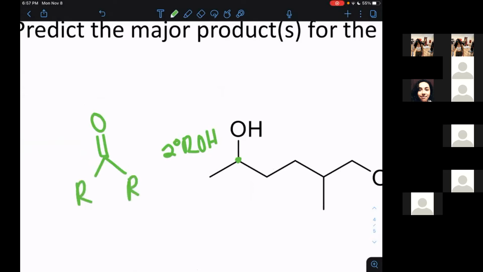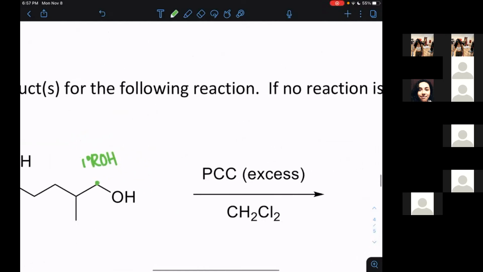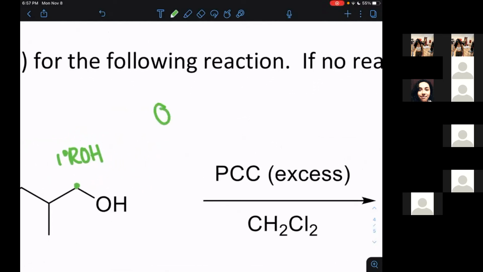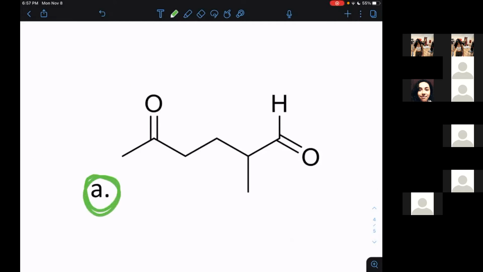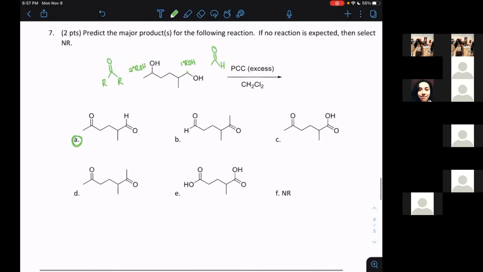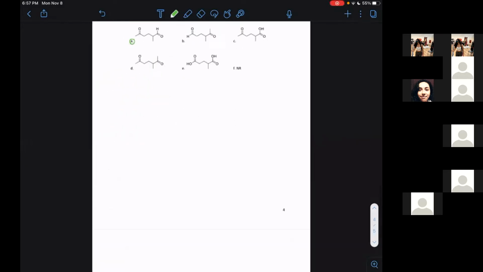So ketone on this side, and primary with PCC gives you an aldehyde. So one that looks like that is A. Cool, that's the end of it.